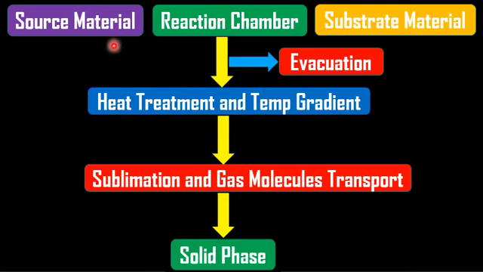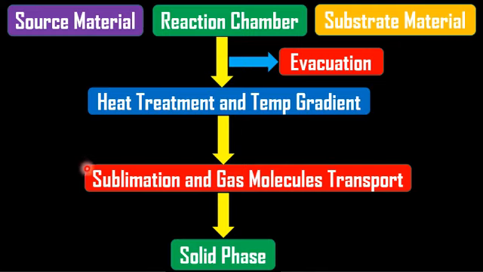The source material temperature is very high. It is above or closer to the melting point of the source material, whereas the substrate temperature is slightly above the room temperature. So due to the high temperature gradient and the high temperature above the melting point of the source material, the source material gets sublimated, or it is converted from the solid phase into a gaseous phase.